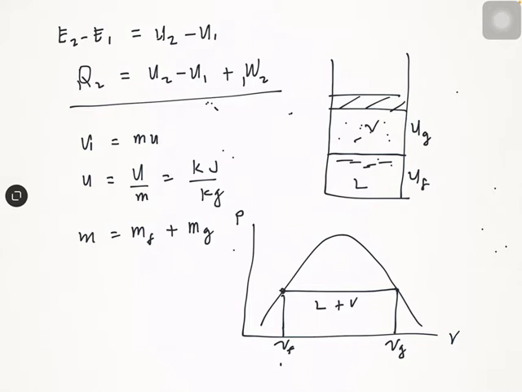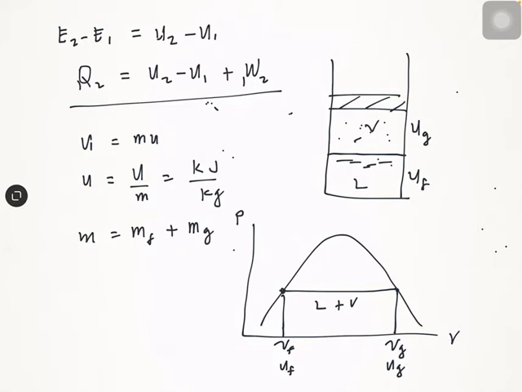Also in our steam tables, we have the internal energy uf for saturated liquid, and ug if it is purely vapor.